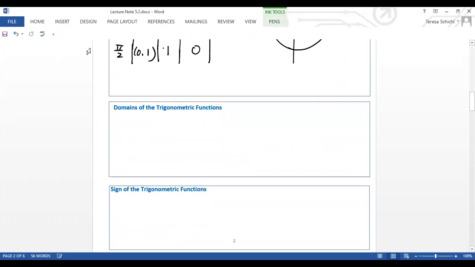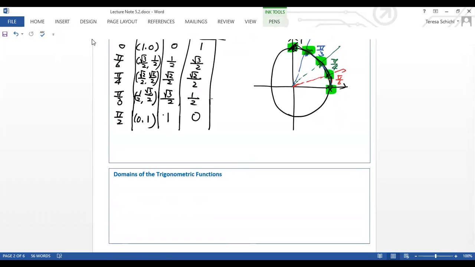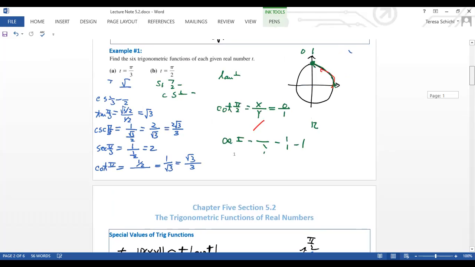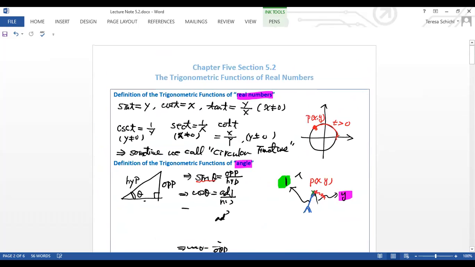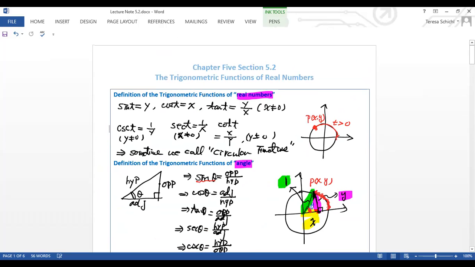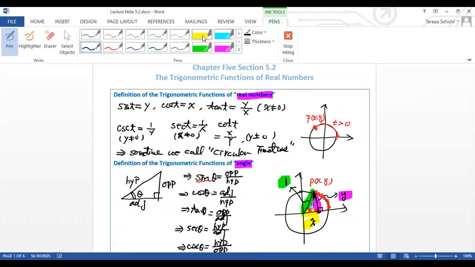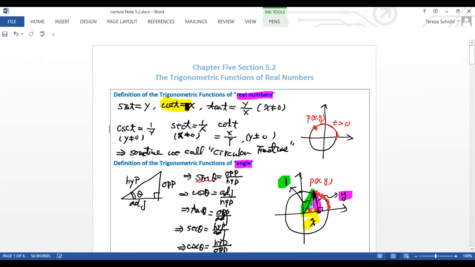And then the next thing we want to talk about is the domain of the trig functions, right? So for sine x and cosine x, if you go back to my first notes, where we defined the trig functions, do I have any restriction for sine and cosine?